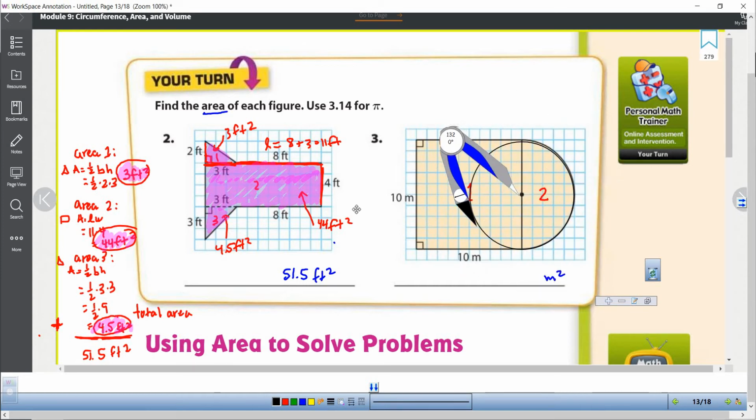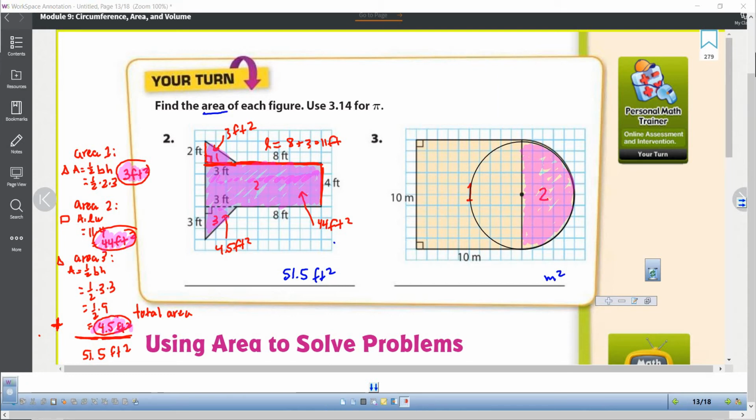All right, I'm slightly off, but that's really not that bad. You could see that makes a whole circle, correct? But I only have how much of it? I only have half of it. So this part right here, that figure number 2, is half of a circle, right?